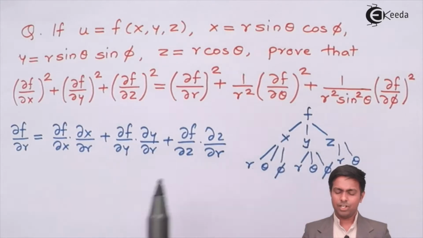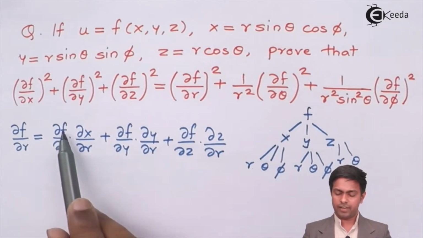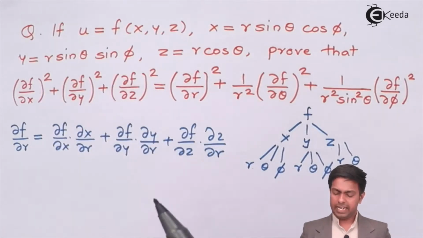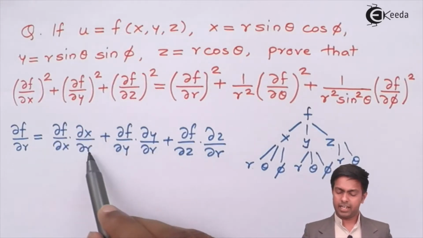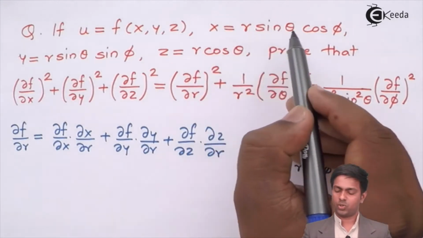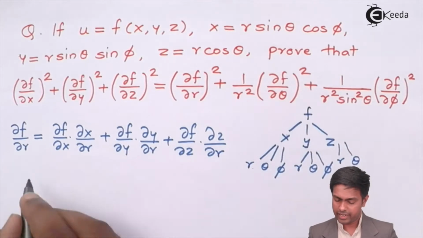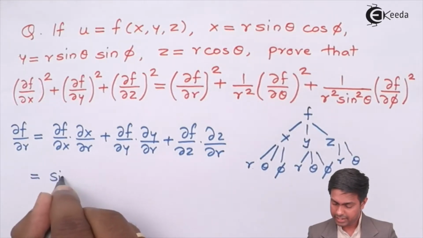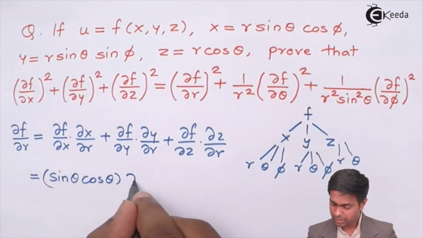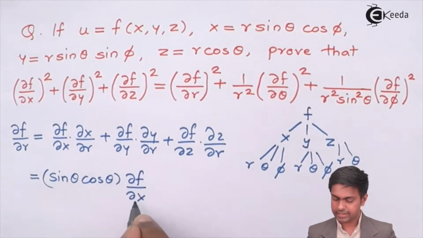Now let's start. We can't find the value of del f by del x, del f by del y, del f by del z because f is not defined. Next, we'll find del x by del r by partially differentiating x with respect to r. Here we'll get sine theta cos phi into del f by del x.